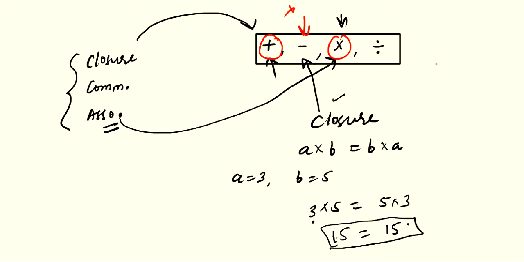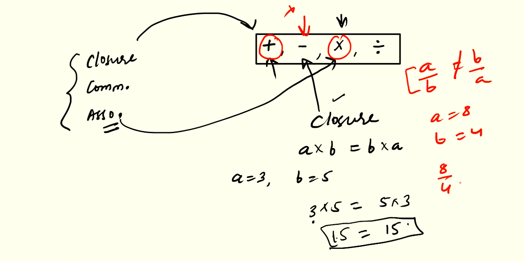Now what about division? If you divide a by b equals b by a, they will be different, they are not the same. For example, a equals 8 and b equals 4. First a upon b means 8 upon 4, next b upon a means 4 upon 8.